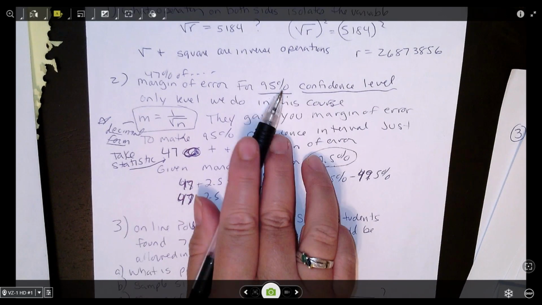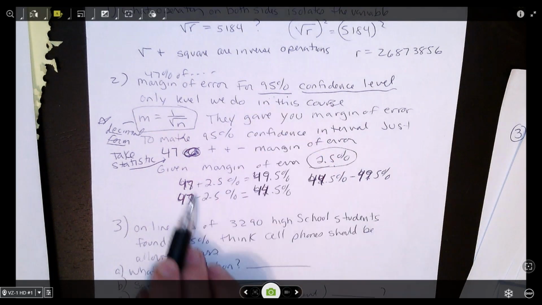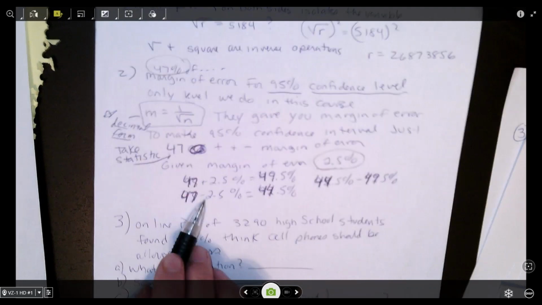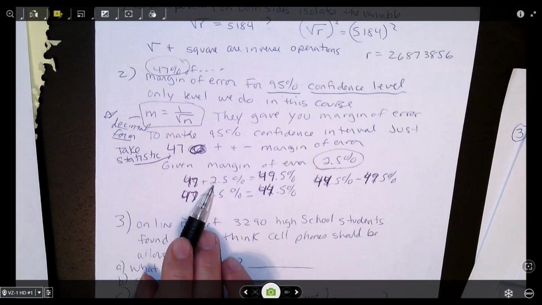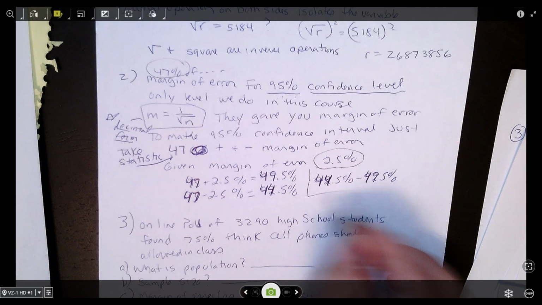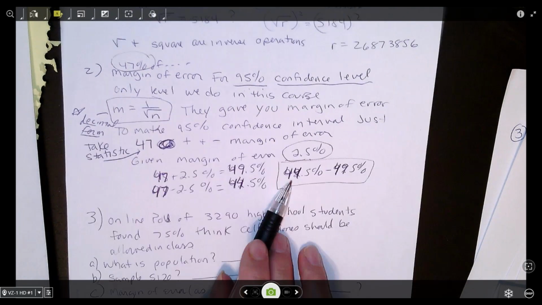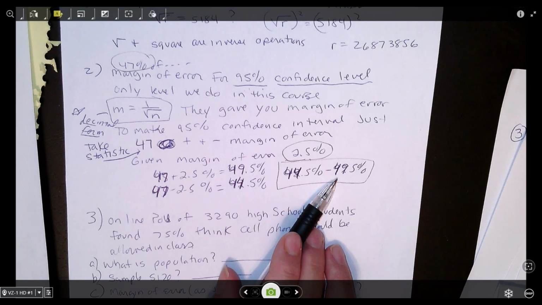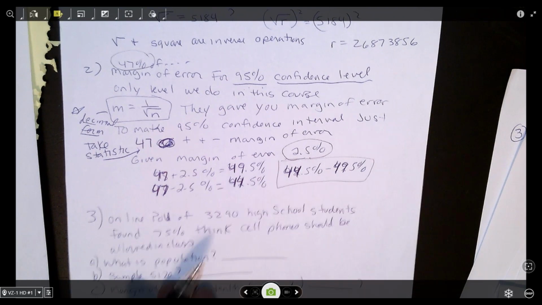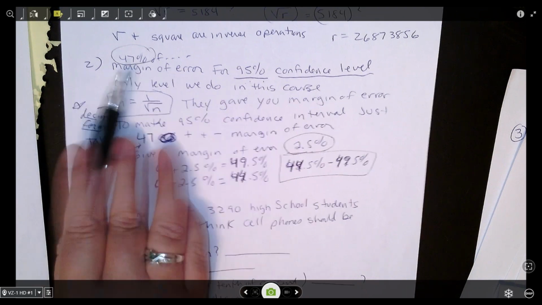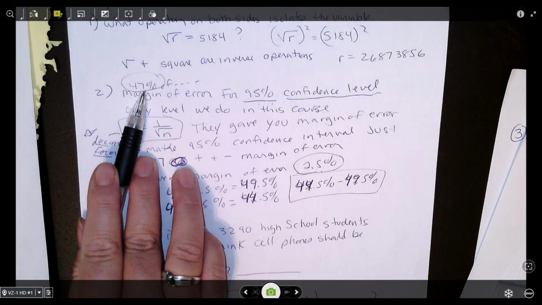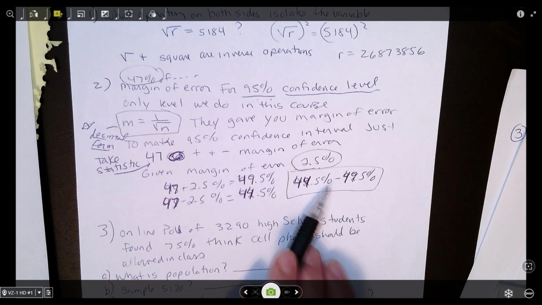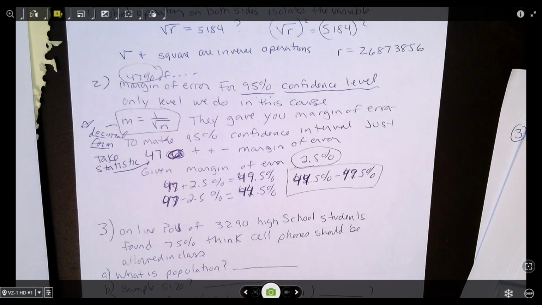For the confidence interval, all you do is take the statistic from their poll, 47, subtract 2.5 and add 2.5%. And that's the interval. You can be 95% confident that between 44.5 and 49.5% of respondents believe that way. You can't be sure it's exactly 47%. You can be 95% confident in that range because you didn't poll everyone.